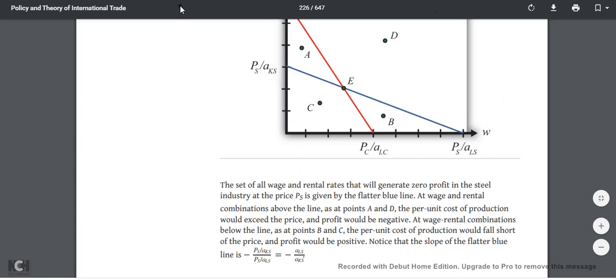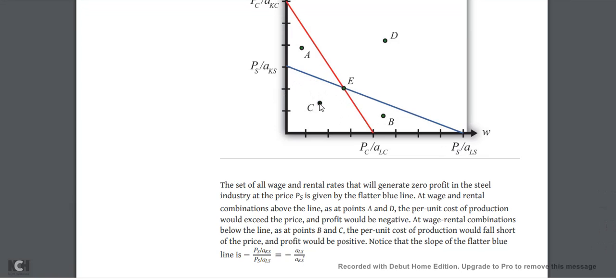So it is the ratio between ALS and AKS, a negatively sloping curve.